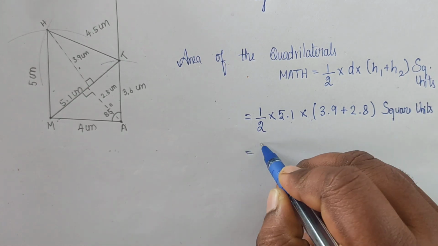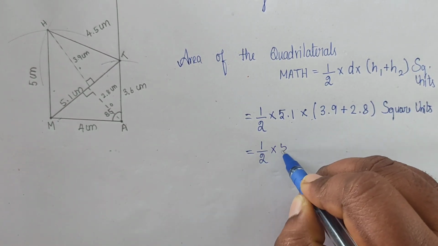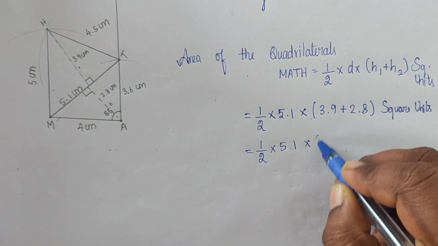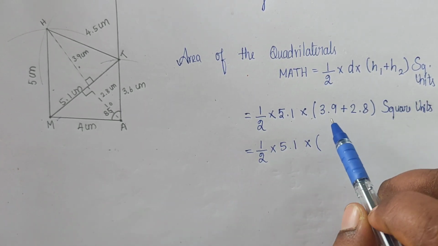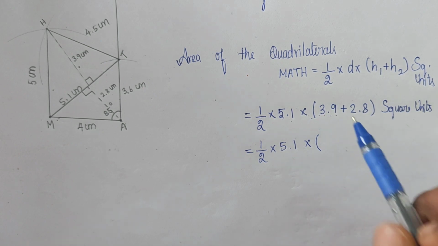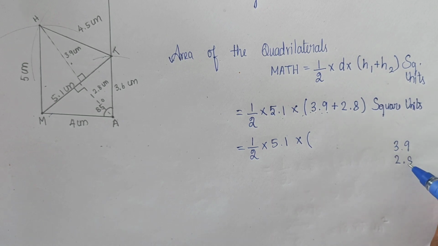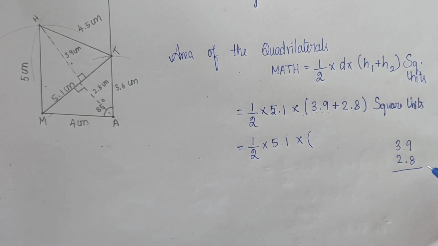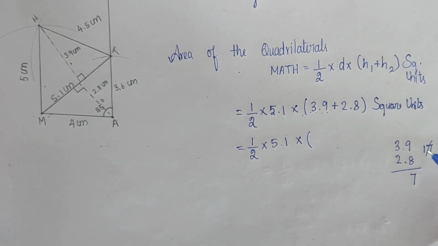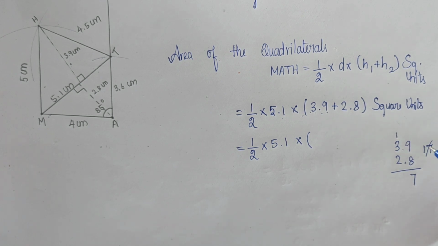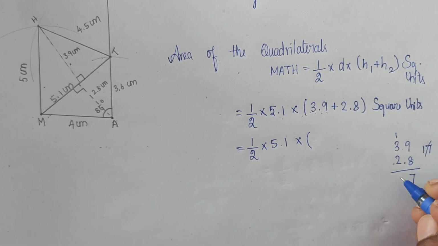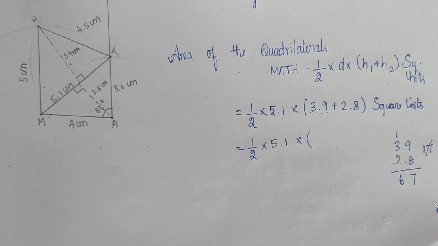Equal to half into 5.1 multiplied. First we sum and say the answer. 3.9 plus 2.8. 9 plus 8, 17. 7 we write and carry 1 near the 3. 1 plus 3, 4. 4 plus 2, 6. So 6.7.